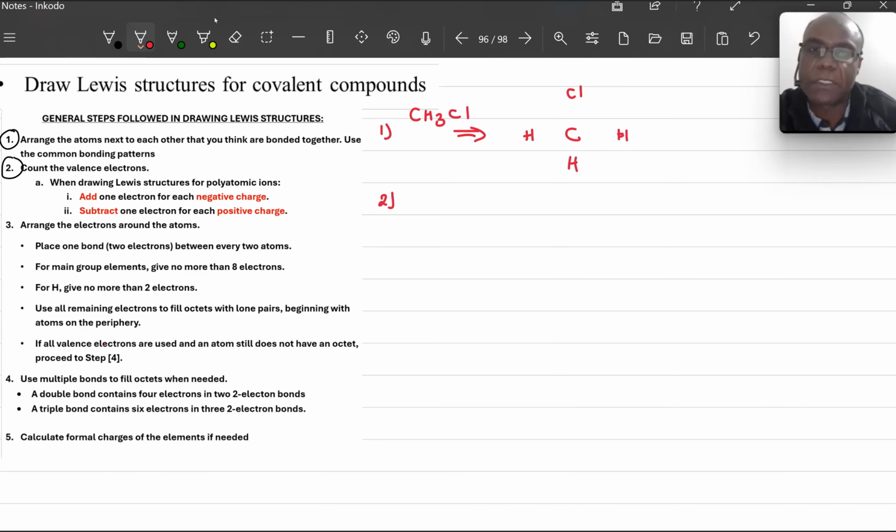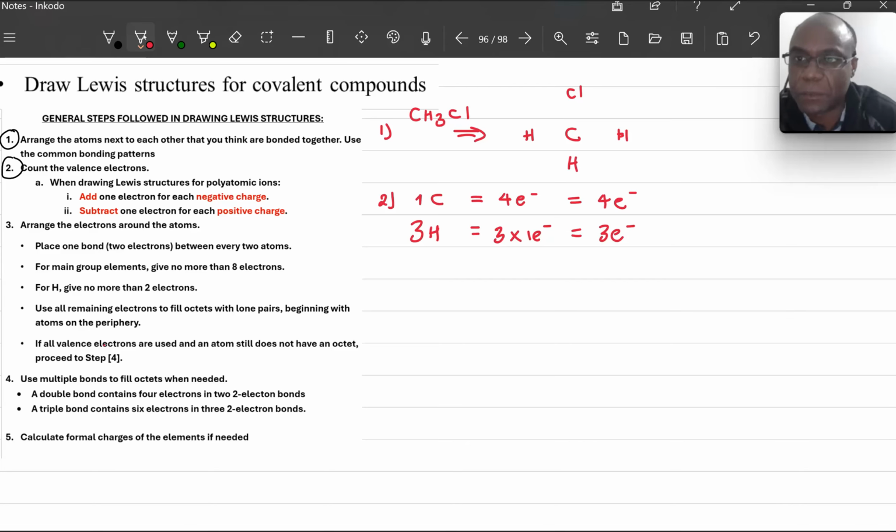Step number 2 was to find the sum of valence electrons. So we have 4 valence electrons from the 1 carbon. We do have 3 hydrogens. Each hydrogen brings a valency of 1, so it's 3 times 1. That gives us 3 valence electrons from the 3 hydrogens, and then we have 1 chlorine.